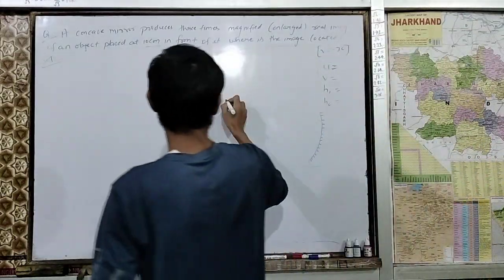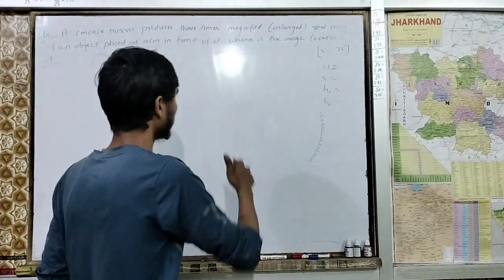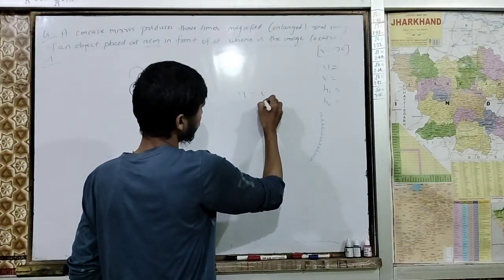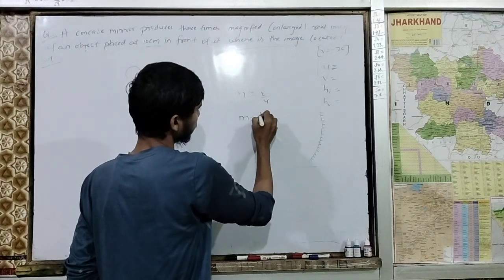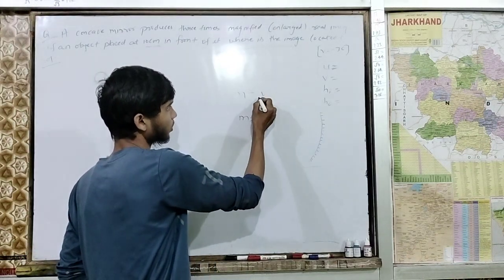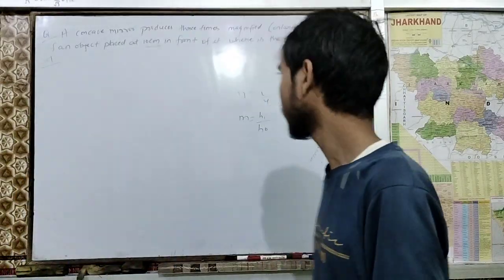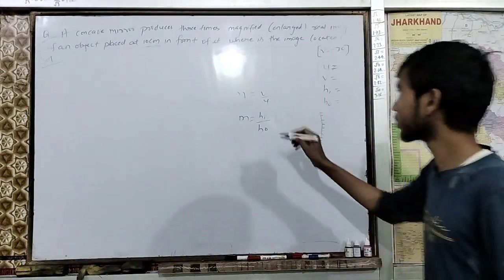You know that there are two formulas to calculate magnification. m is equal to minus v upon u, and m is equal to hi upon ho. Sometimes you will observe that there is a minus sign here.